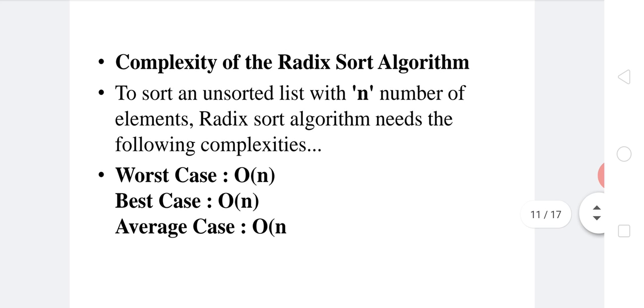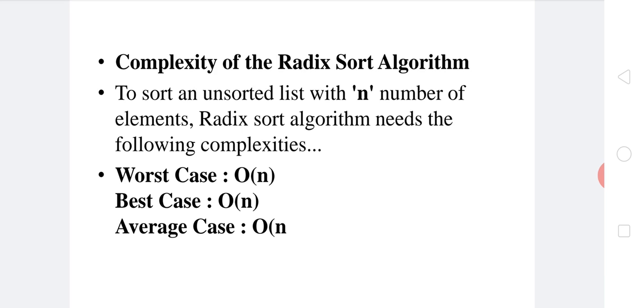Now we can see the next point, which is the complexity of the radix sort algorithm. To sort an unsorted list with n number of elements, the radix sort algorithm needs the following complexities. The first is the worst case complexity, which requires n comparisons.